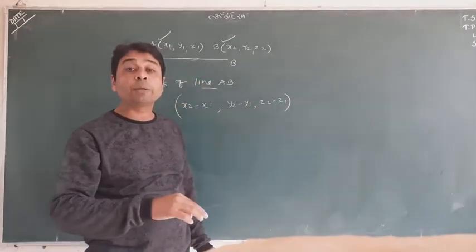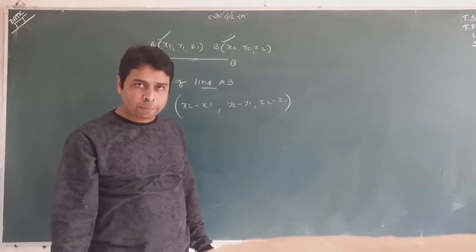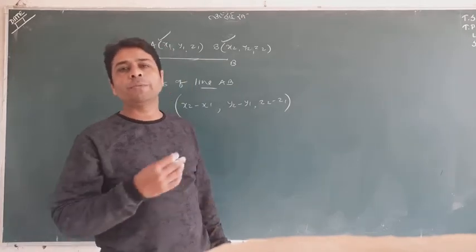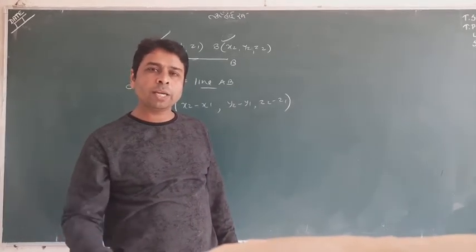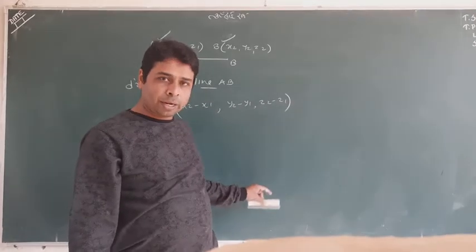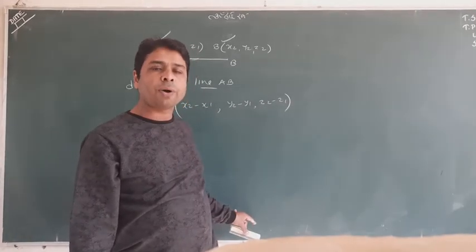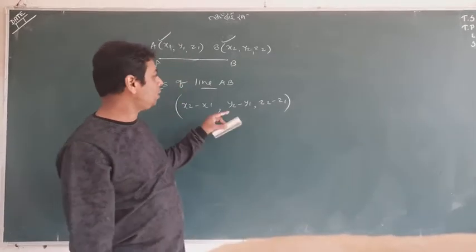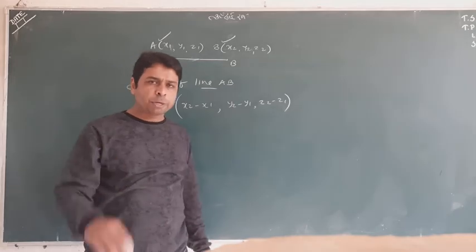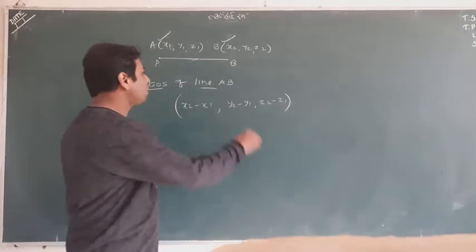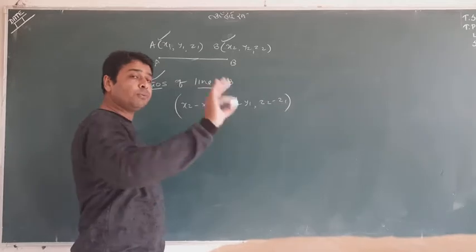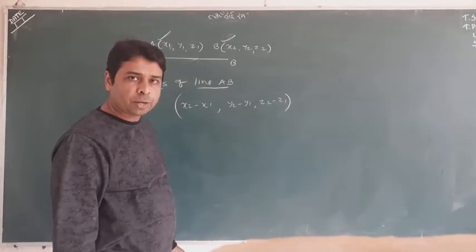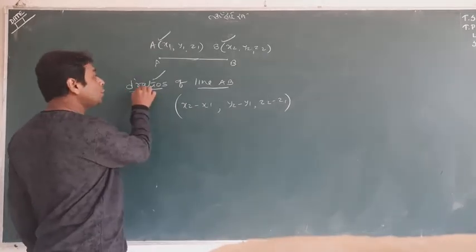That time I created vector AB, which was (x2 minus x1) i cap plus (y2 minus y1) j cap plus (z2 minus z1) k cap, and I taught you that the coefficients of i, j and k are the direction ratios. This time I did not create the AB vector. I just wrote line AB, and I am not finding the equation of the line. I have yet to teach you the equation of a line. I am just asking for the direction ratios of line AB.